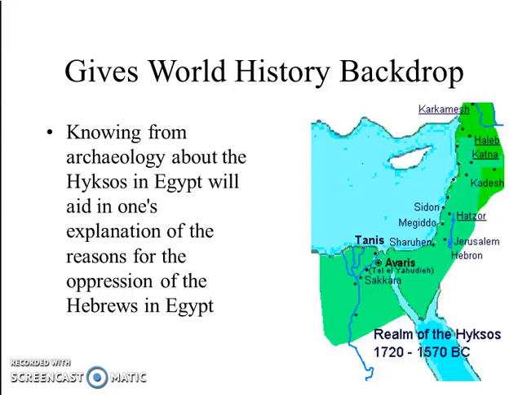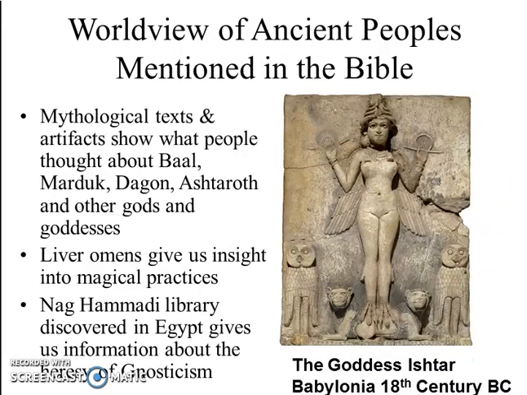Biblical archaeology can help give us world history backdrop. We talked about the Hyksos in Egypt in terms of the book of Exodus. And that comes from archaeological data. It can tell us about the worldview of ancient peoples mentioned in the Bible. We can read mythological texts.